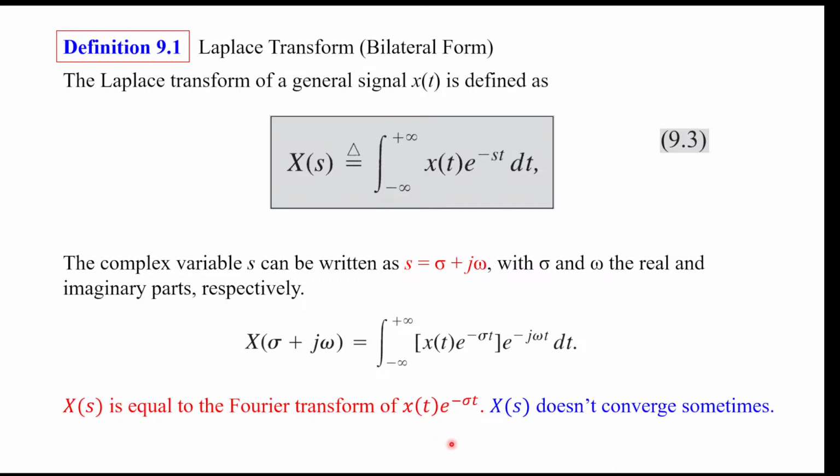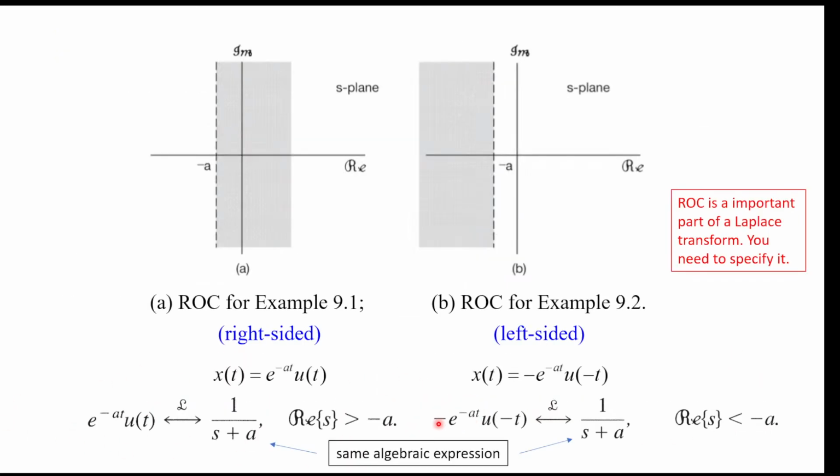So X of s only converges on part of the s plane. That's compared to the Fourier transform, where we think it either converges for all omega or converges for none of the omega. And we have this very basic example that we use throughout the whole chapter 9.